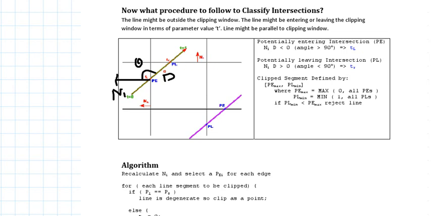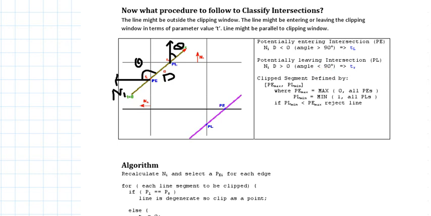So if you find the dot product with respect to the outward normal vector from that top edge with the line itself, you will find that the value of the dot product is going to be greater than 0 because the angle is less than 90 degrees.